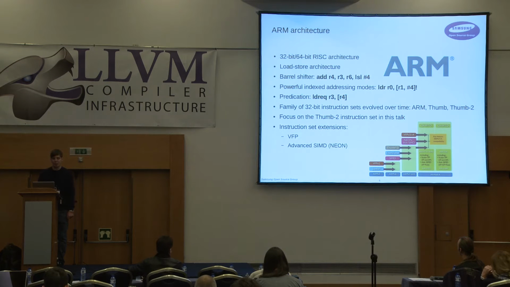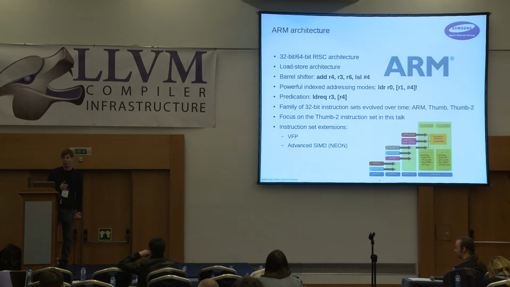There's also powerful indexed addressing modes. So those are useful. Essentially, for the memory operations, they give you a way to update the base pointer. So this is very useful when you are, let's say, iterating through an array. Then you can essentially get the update of the base pointer for free as well.